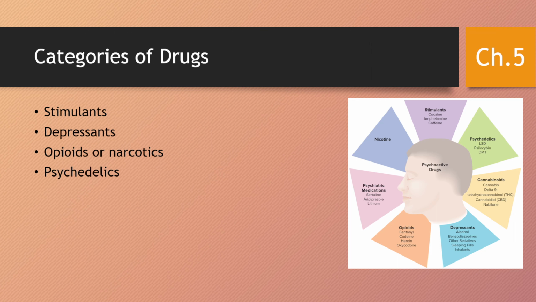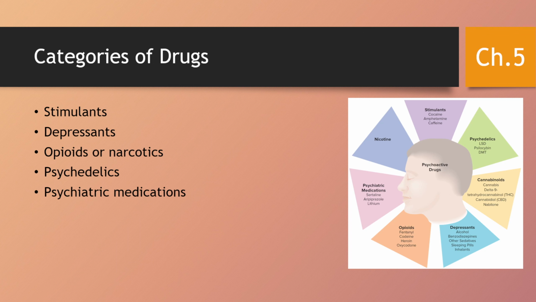So psychedelics here, of course, things like LSD, DMT, psilocybin. Psychiatric medications, right? These are often prescribed specifically by psychiatrists and other physicians to treat different symptoms of mental disorders, right? So we have things like lithium or other examples that fall into this sort of unique category.